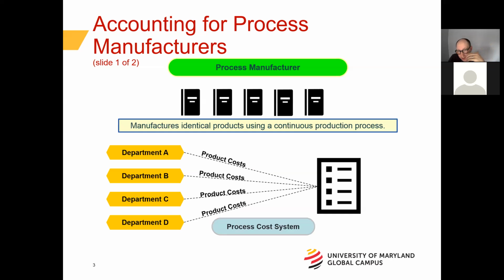Those are our costs, in addition to, of course, the raw materials that were introduced in Department A. As the product moves through each department, we total up the direct material, direct labor, and factory overhead for each department. We total it up as it's moving through the assembly process, and we keep adding it to that respective product until it reaches its finished stage. And that is the concept of a process manufacturer.